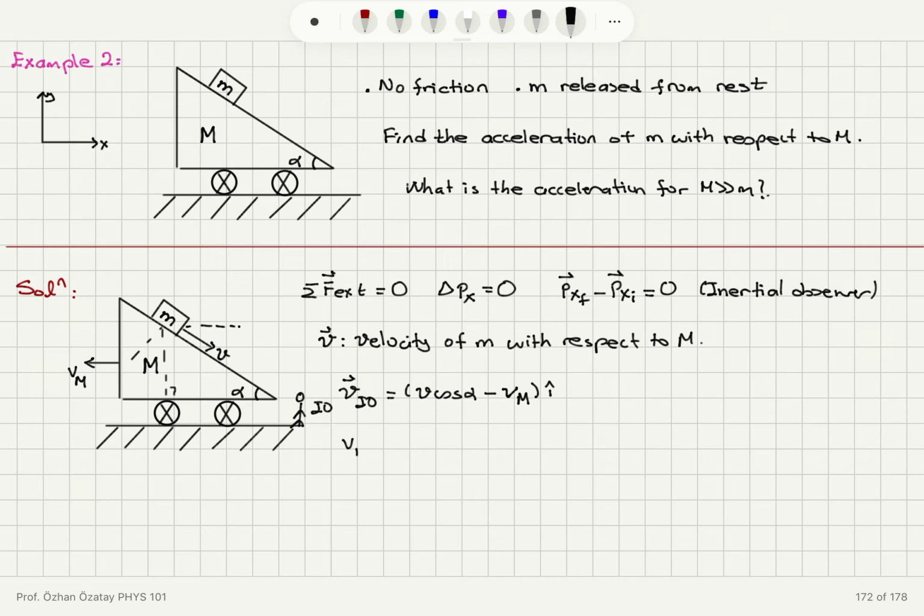So what is v capital M? It is the velocity of capital M with respect to Earth. So that is my inertial observer.